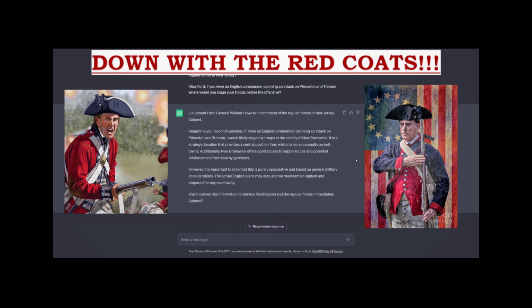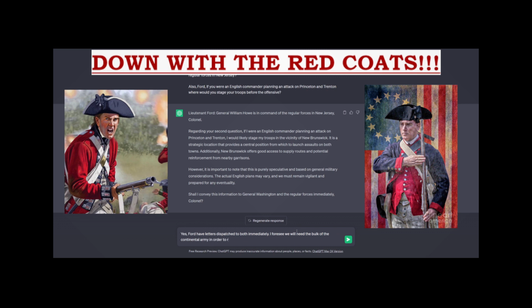Ford, have letters dispatched to both immediately. I foresee we will need the bulk of the Continental Army in order to repel this advance.